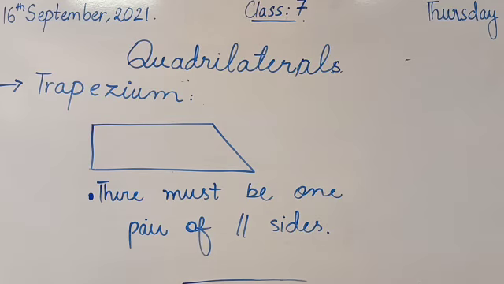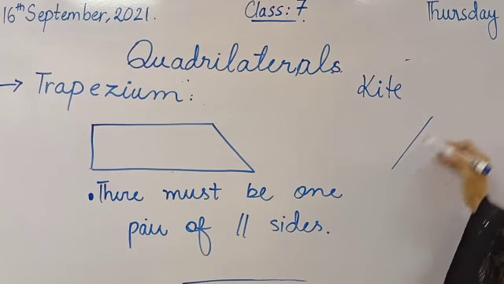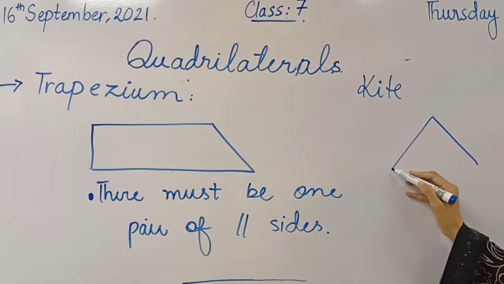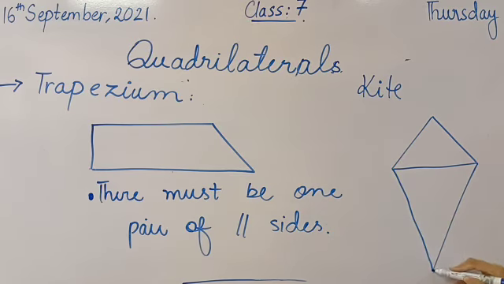Kite. I am drawing it here. A kite is a shape like this. Now tell me about the sides of this kite.